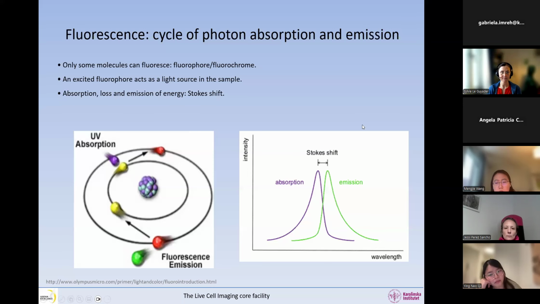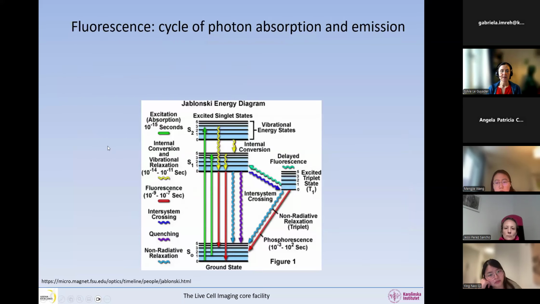So this is often shown as this energy diagram called the Jablonski energy diagram, which shows everything that can happen when we excite the fluorophore. So here we are at what is called the ground state. So this is the fluorophore being in the sample and not being excited at all. There's no light, for example. Then we shine the excitation light on this sample.